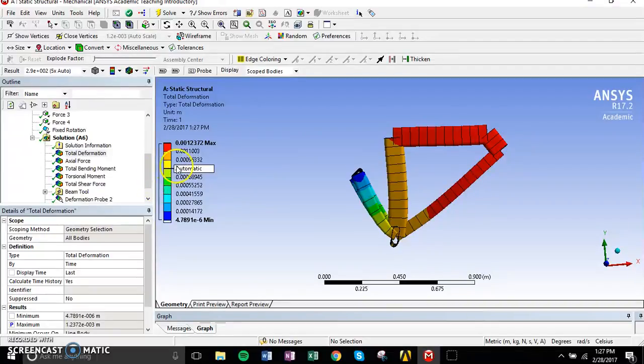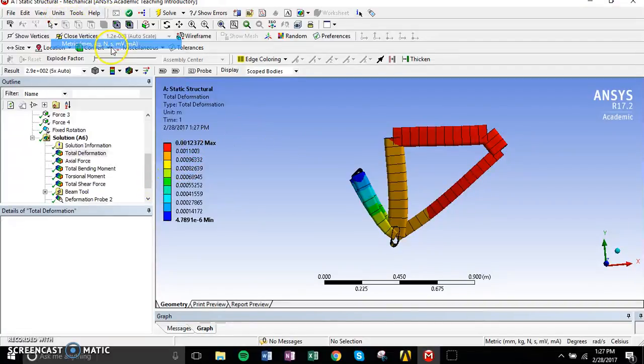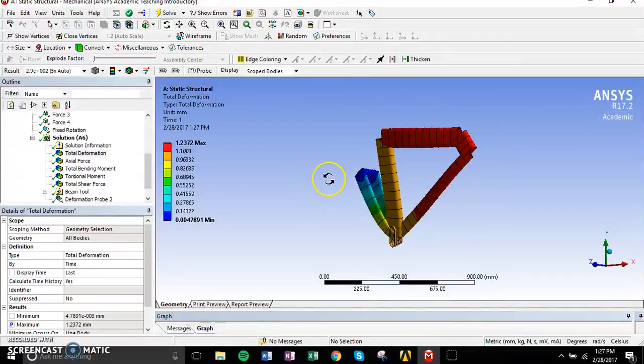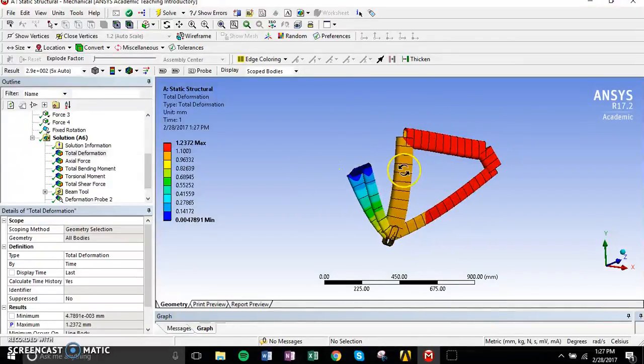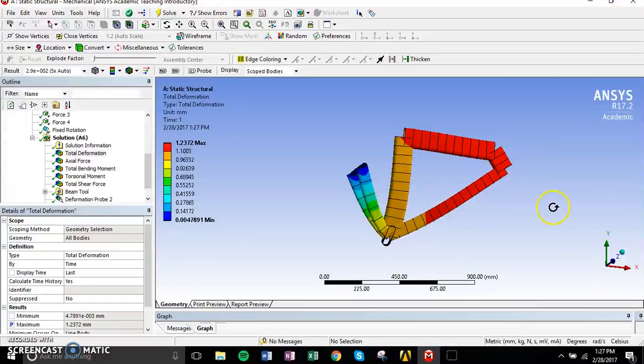Let's look at, so I've got my total deformation in meters, which is a bit rich. So let's change that to millimeters. So I've got 1.2 millimeters, and what we're seeing here is there's no deformation here, no deformation, and then it's being pushed down a heap at the bottom bracket here, and then the rest of it is also deforming out here.